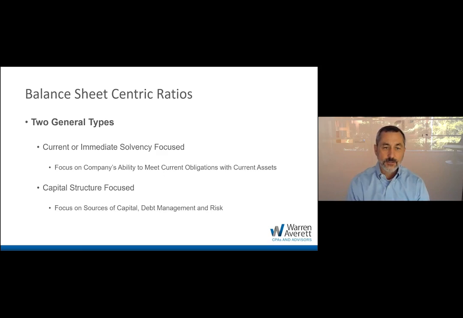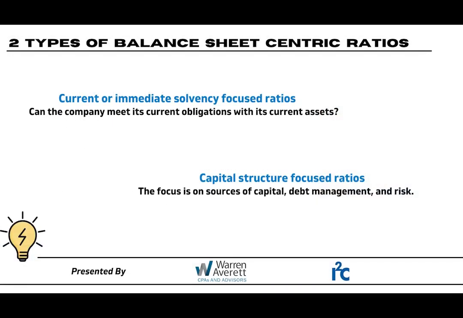There are generally two types. First is, what are the current or immediate solvency focused ratios? And those focus on a company's ability to meet current obligations with current assets. The other general type of balance sheet centric ratios are capital structure focused.